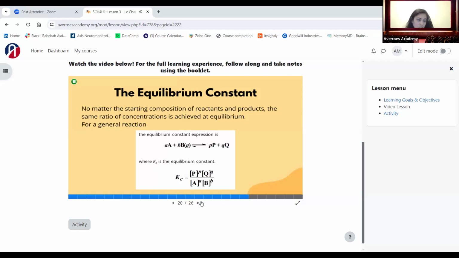So then your Kc, or your equilibrium constant, is going to equal P times Q over A times B, with the coefficients from your chemical reaction becoming the superscripts in your equilibrium constant. So if there's a 2 in front of A, it becomes A squared in your equilibrium constant expression.